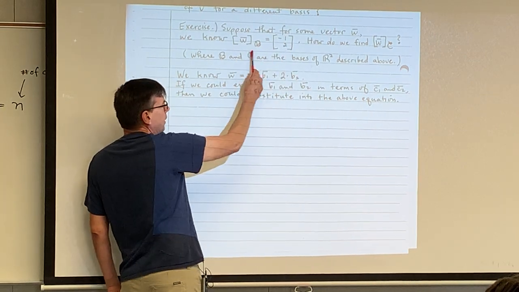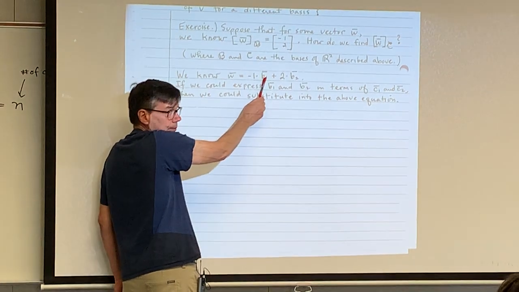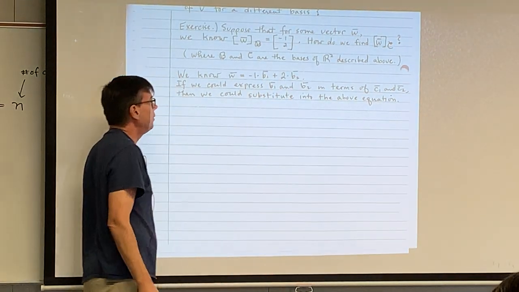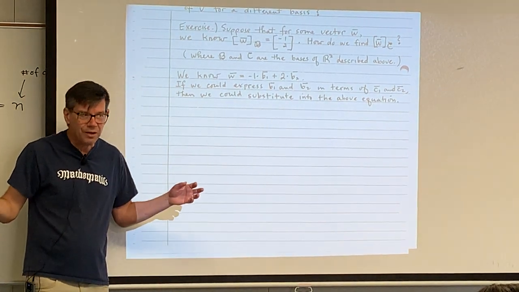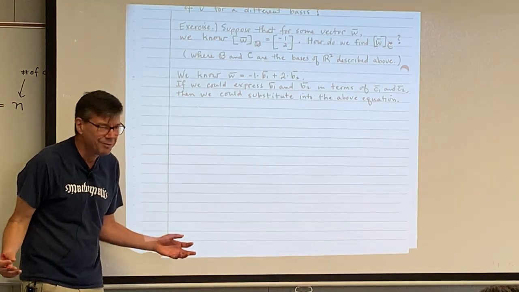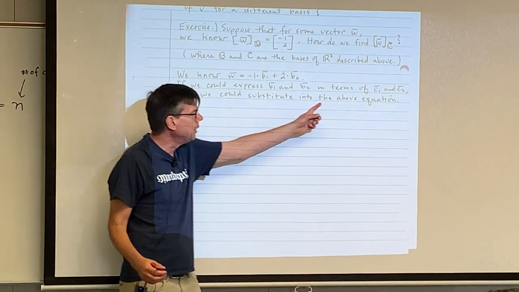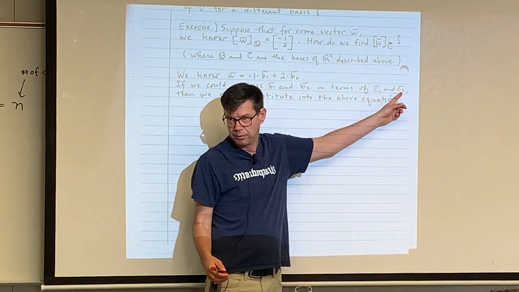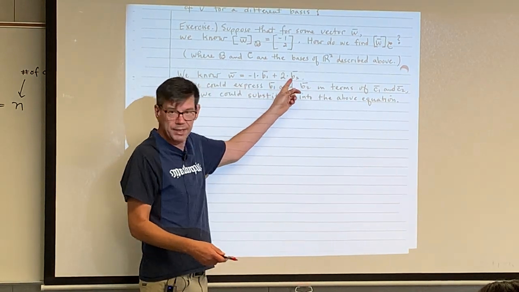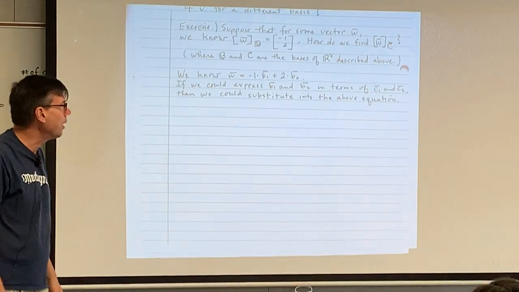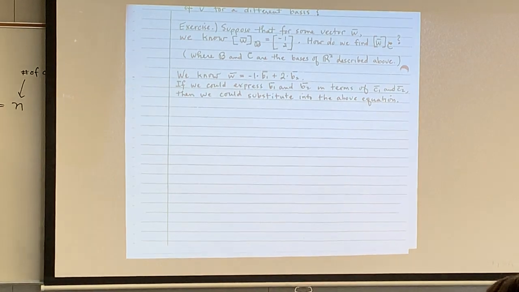It's just saying the vector W is -1 times the B1 basis vector plus 2 times the B2 basis vector. I bet you could all solve this problem without me saying anything, because I think you can all see that if we could express B1 and B2 in terms of C1 and C2, same as previous page, then we just substitute into the above equation, and we'll get the C1, C2 coordinates of W.